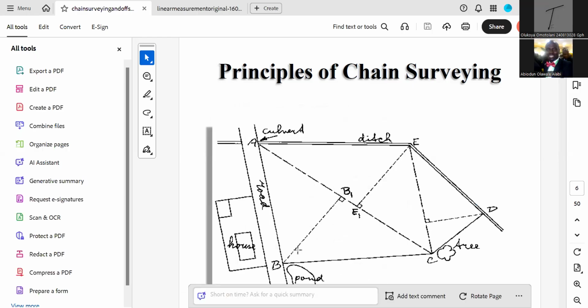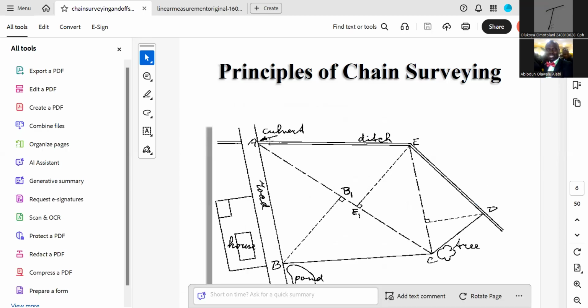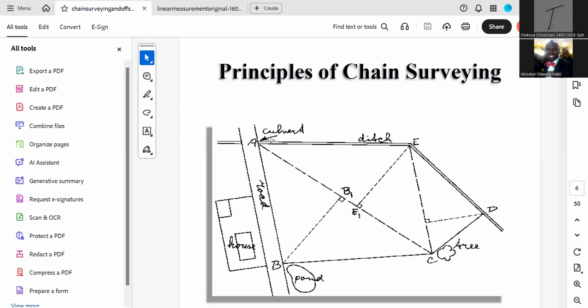Now look at another typical example here. We have a boundary A, B, C, D, E. We have a road just in front of the property, which we can use to access the property.